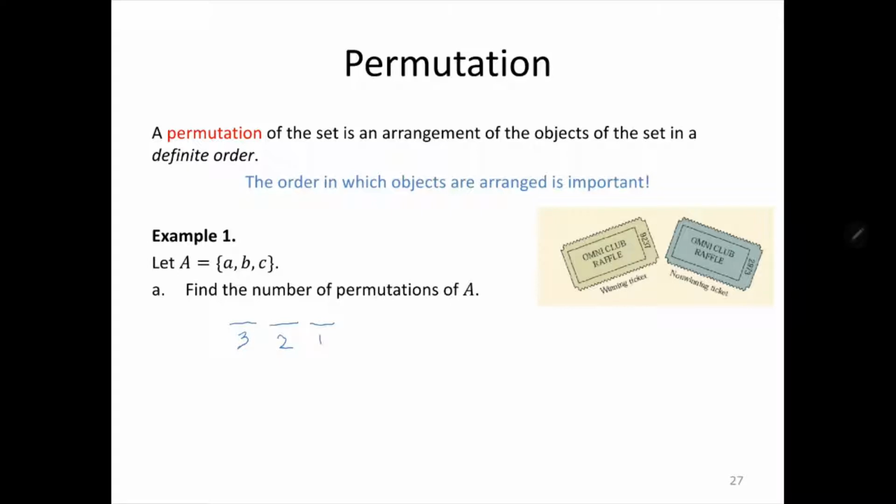Altogether, because this is a consecutive task, one conducted after the other, we can use the multiplication rule. So the number of permutations of A is 3 times 2 times 1, which is equal to 6.